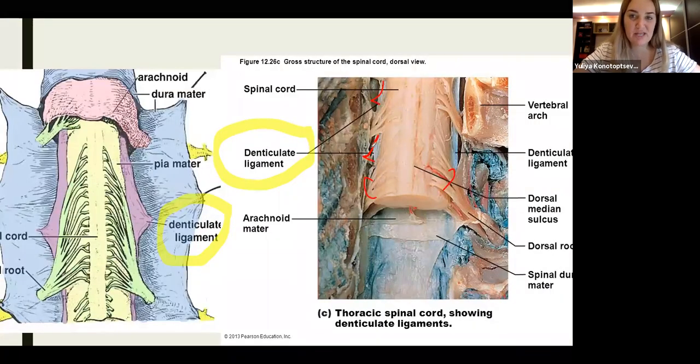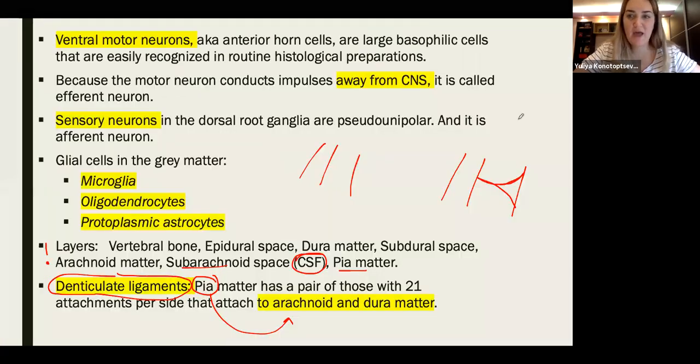Denticulate because it looks like a tooth. If your tooth are triangular, okay, so it looks like a tooth. So what do you think? What could be the job of denticulate ligaments? Why is it important that we have them in the spinal cord, but we don't have them in the brain? Why are these triangular connections important?